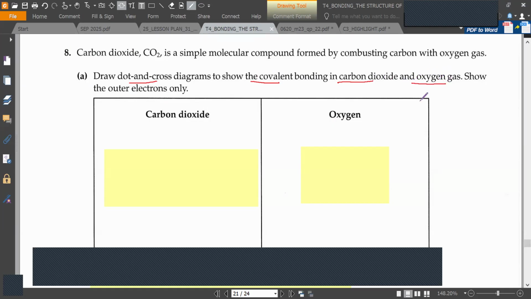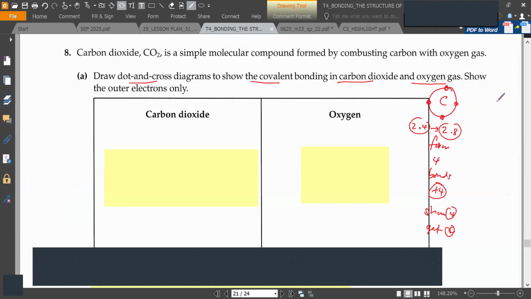First, carbon, group 4, has 4 outer electrons, so it will form 4 bonds, to share 4 electrons and then get 4 electrons. So it's going from 2,4 to 2,8.